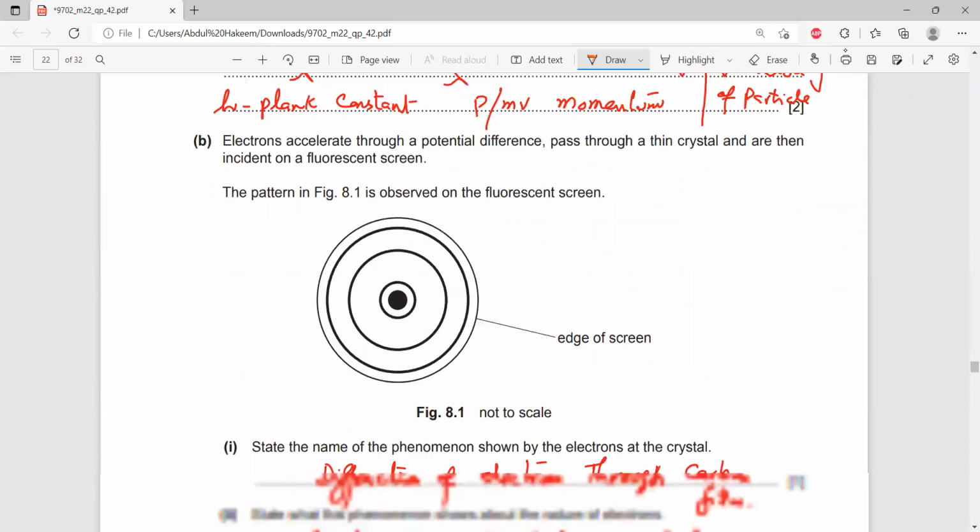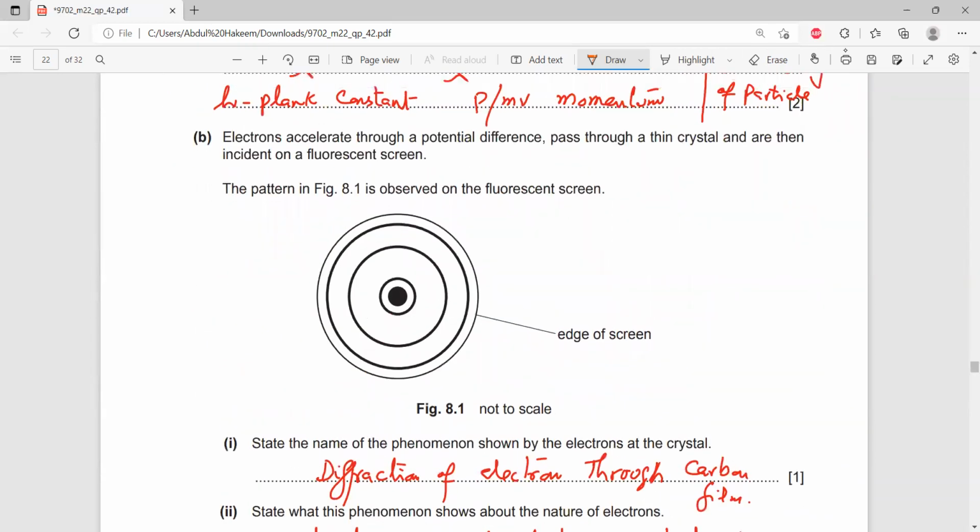And the next question is, electrons accelerated through a potential difference, pass through a thin crystal, and then are incident on the fluorescent screen. The pattern in the figure is observed on the screen. Do remember, if the electron is in the form of a particle, when it is forced to pass through the carbon film, on reaching the fluorescent screen, it will show scattered flashes of light.